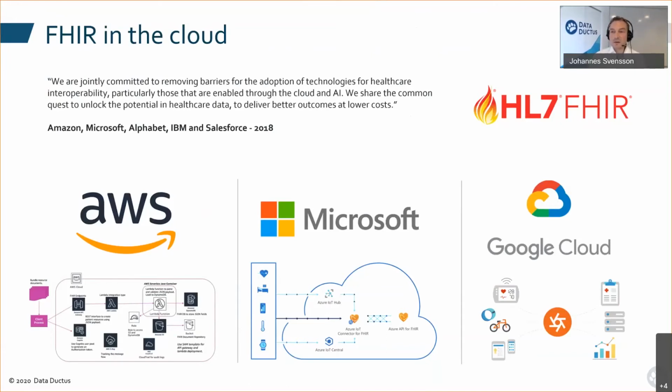And the standards that are used are OAuth and OpenID Connect for identity and authentication. And then they use the HL7 FHIR standard to access data. And I know Microsoft and Google are both HIPAA compliant and also ISO 27001 compliant.